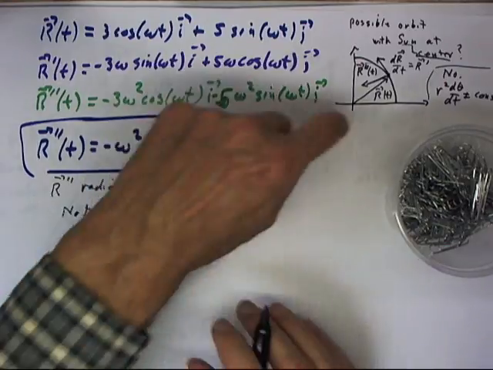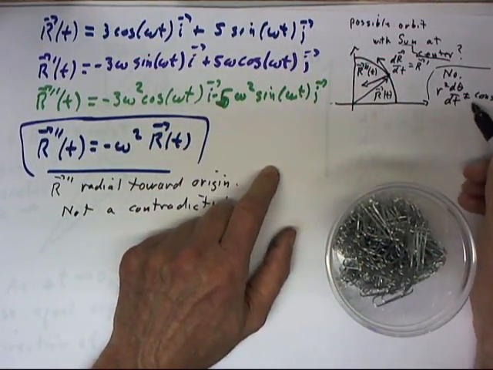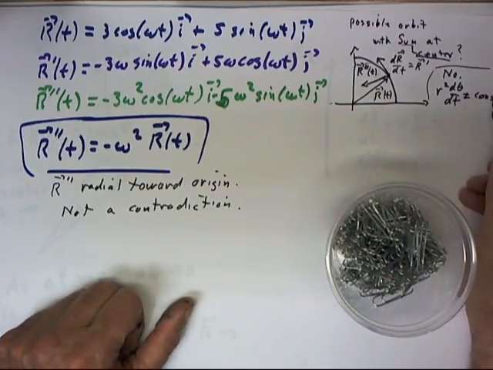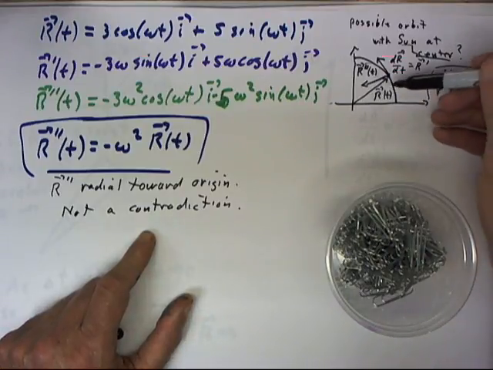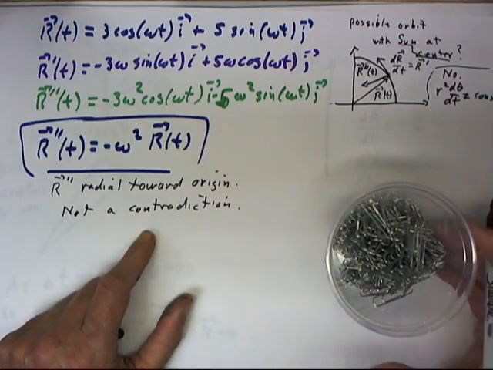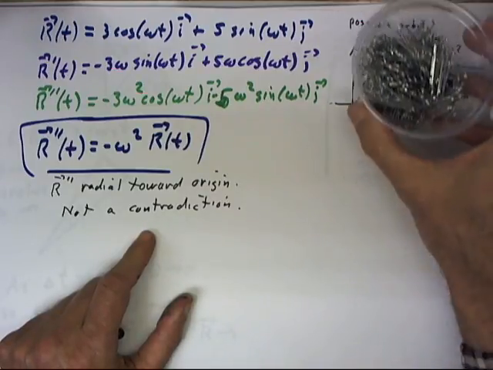Now, does this guarantee that this is a possible orbit? Well, you would suspect that since our previous result showed that it couldn't be, that the answer is no, but it doesn't contradict the idea of a radial force. So what was the other aspect of this force?